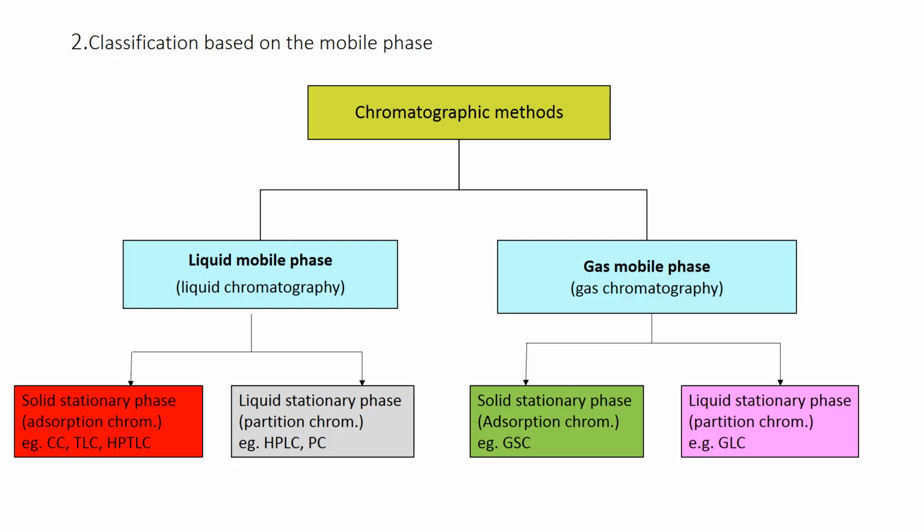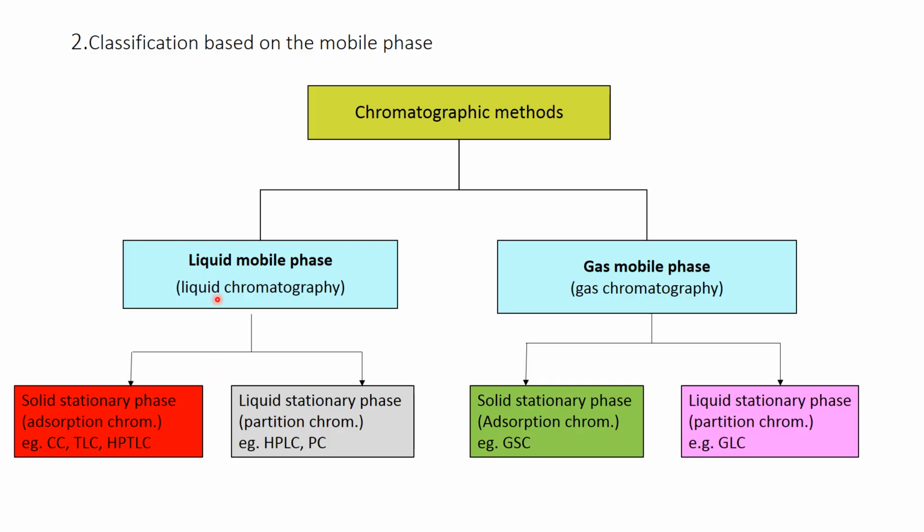The second way of classifying is based on the mobile phase that is used. As we all know, solid cannot be used as a mobile phase, so you are left with two choices: liquid or gas as a mobile phase. Once you have chosen liquid as a mobile phase, you have choices of the stationary phase. This is in short a reverse of what we saw in the first classification.